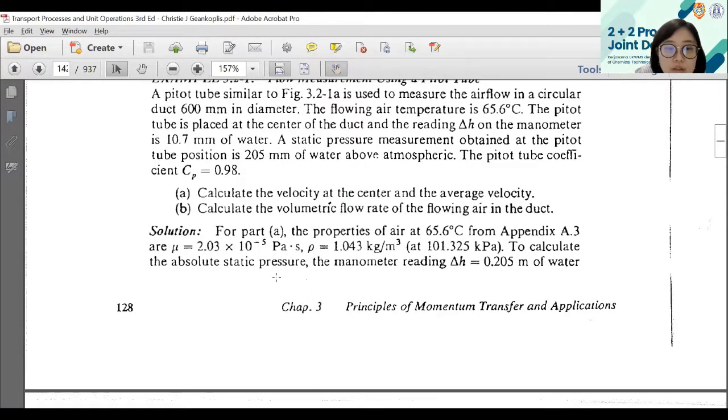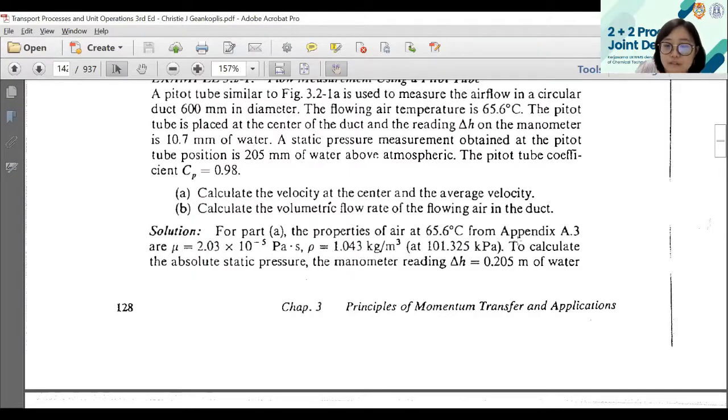Okay, so for part A first, we know the air temperature is 65.6. Based on appendix A3, I can find the density and viscosity of the air. But both the mu and rho are at 180 m, while the static pressure is actually not at 180 m, but higher because it has 205 millimeter of water above the atmosphere.